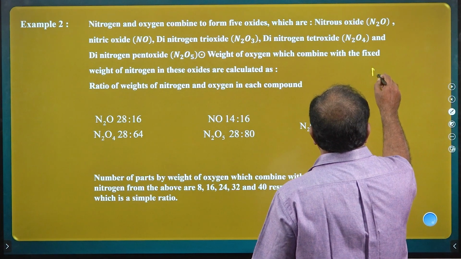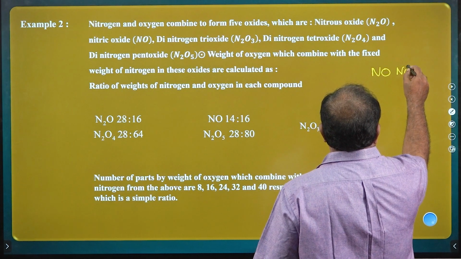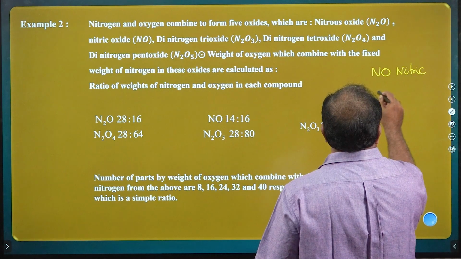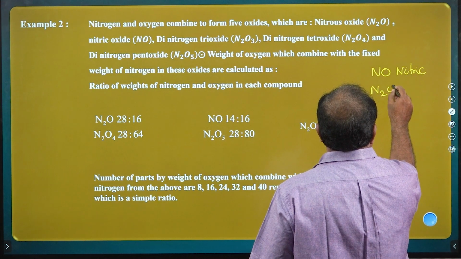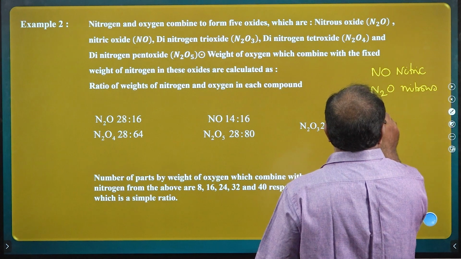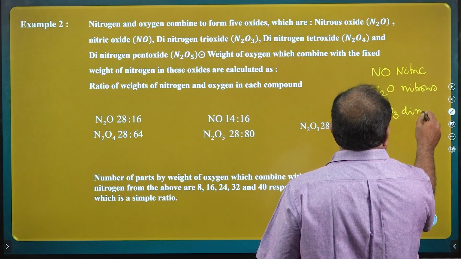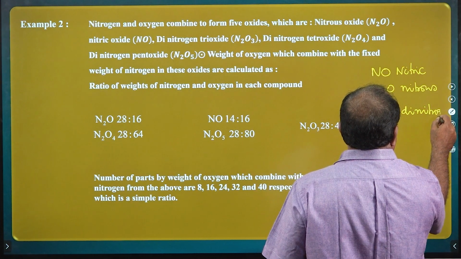I make a list of them. The first one is nitric oxide, NO. The next one is N2O, which is nitrous oxide. Then N2O3, called dinitrogen trioxide.